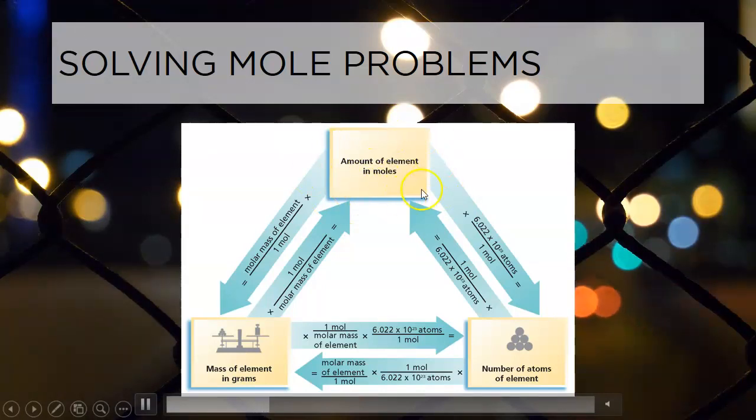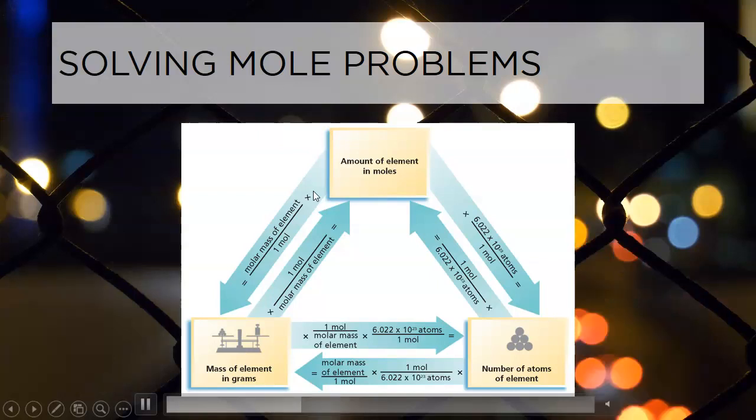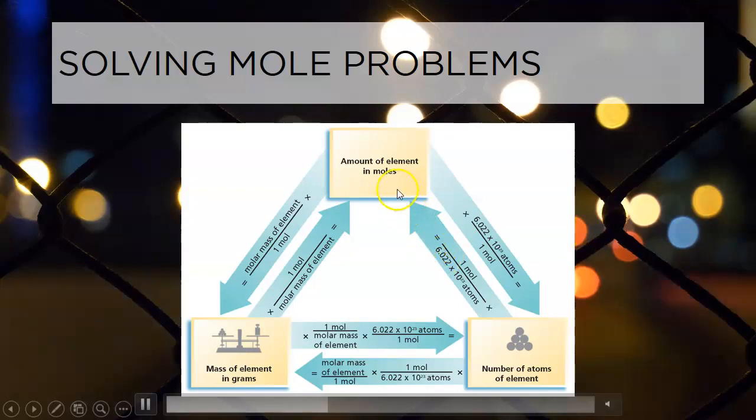And if I want to go from moles to grams, I'm going to multiply by that number that's on the periodic table. If I want to go from particles to moles, I'm going to divide by Avogadro's number. And if I want to go from moles to particles, do the opposite. I'm going to multiply by Avogadro's number.